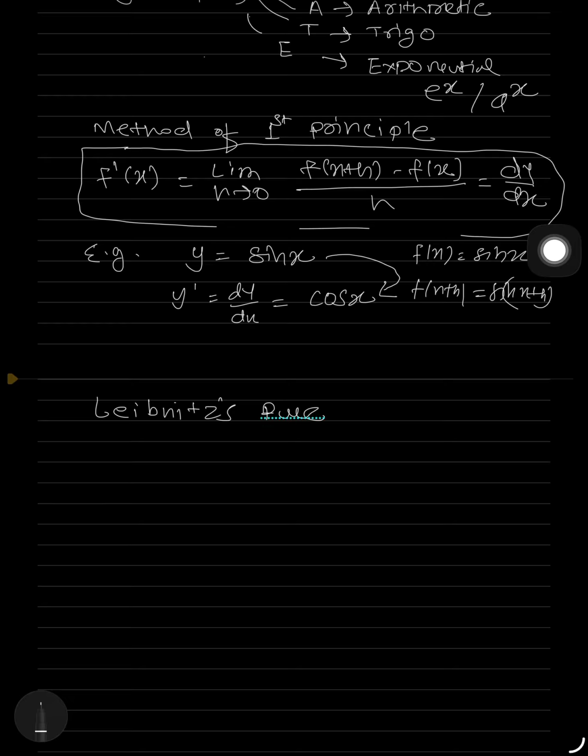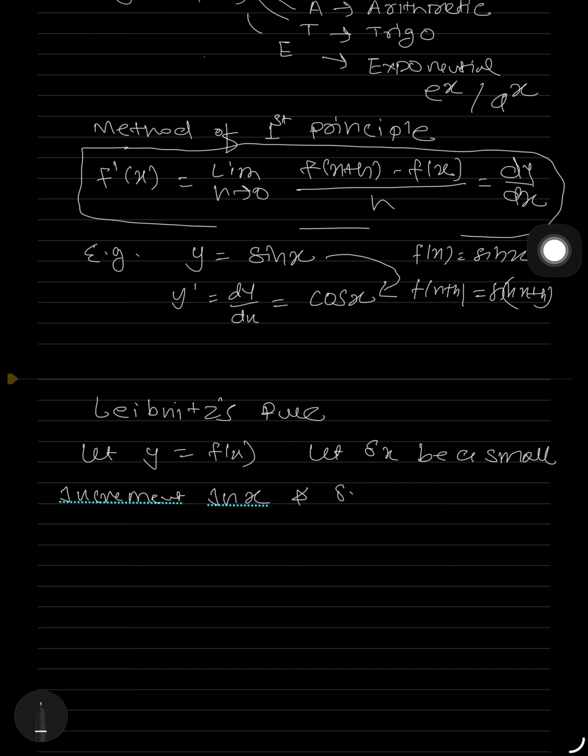What the Leibniz rule says is: let y is equal to f of x be a function. Let del x be a small increment in x, and del y the corresponding increment in y.